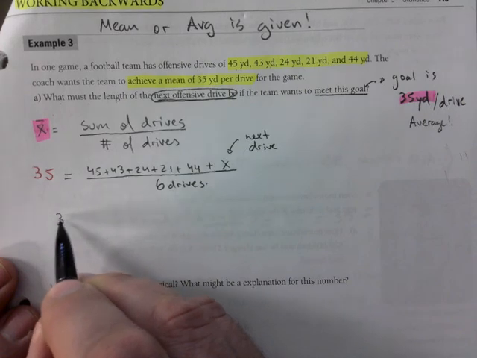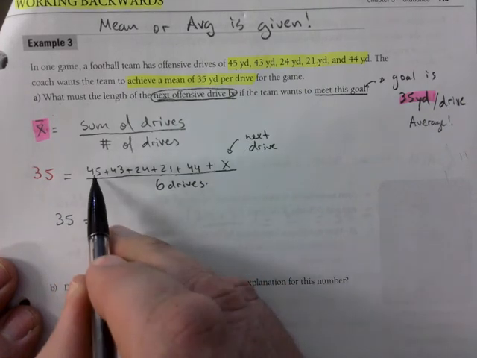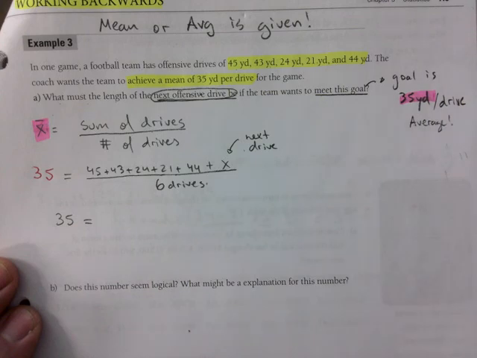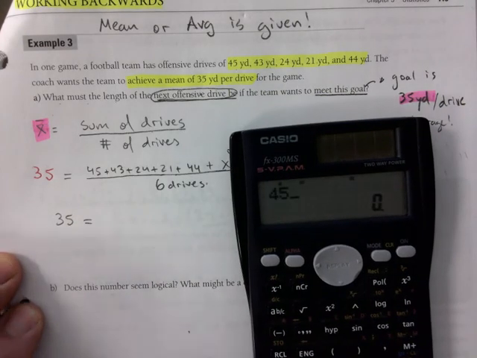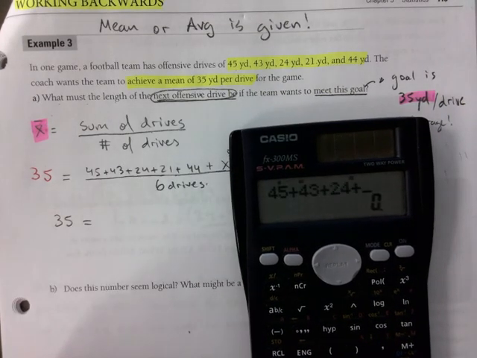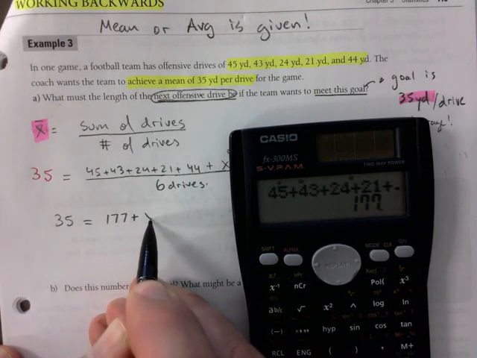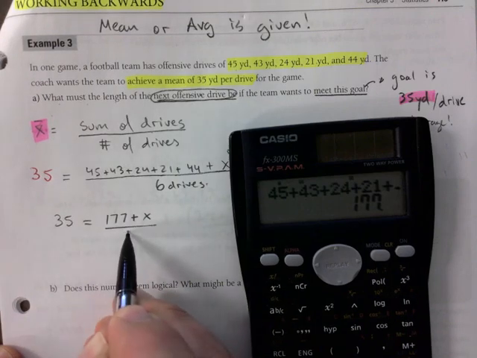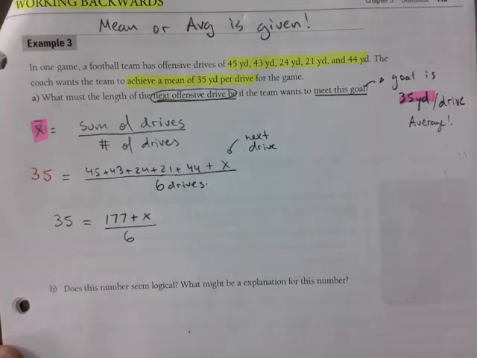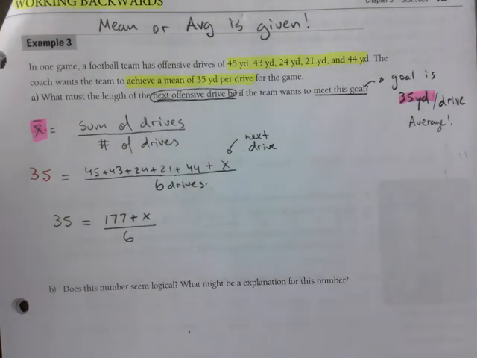So we're going to go 35 is equal to, let's add this up, right? So you know, 45 plus 43 plus 24 plus 21 plus 44, that's 177 plus x, all over 6, like that. So this part, there's no manipulation yet. And here's where the math comes in.